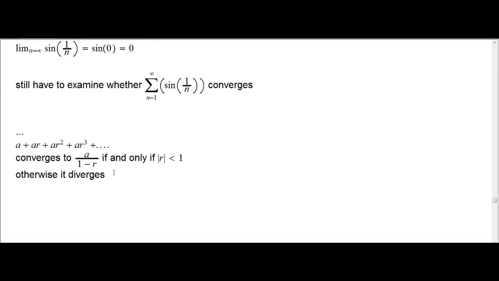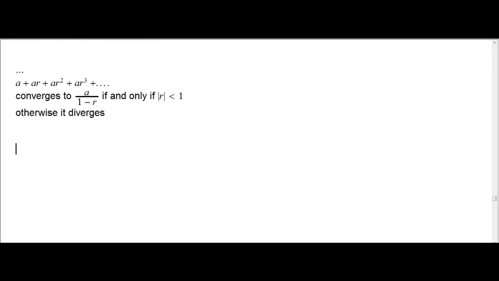r is, okay, for example, say I have 5, minus 5 times 1/2, plus 5 times 1/2 squared, minus 5 times 1/2 cubed, and so on.